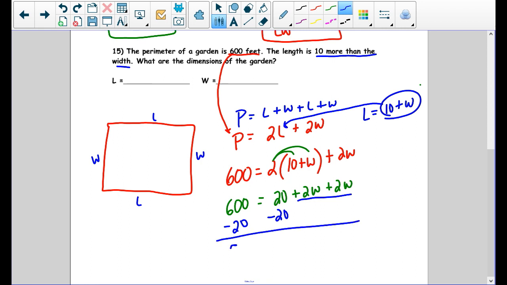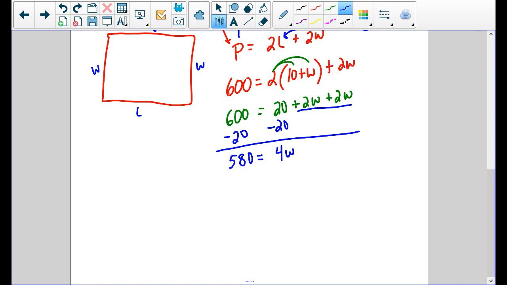So 580 equals 2W and 2W make what? How many W's? 4 W's, right? And you can see that here if I plug that 10 plus W in there. I end up with the same equation here then. Last step then is what? Divide by 4.